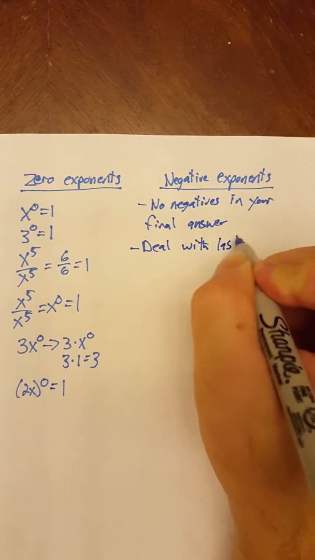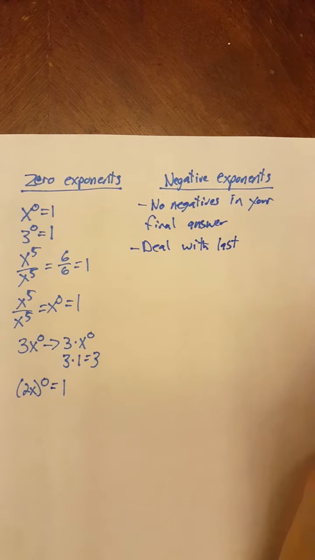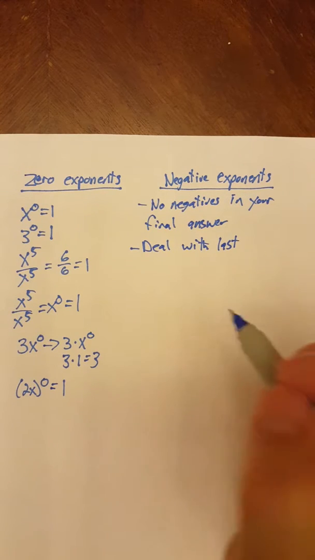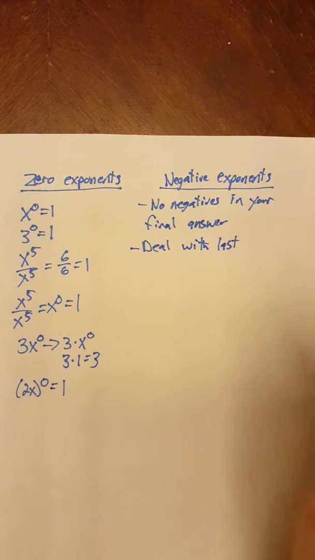A lot of times when you multiply or divide in a problem, you'll end up clearing out the negative exponents anyway and won't have to do anything with it. So if you deal with them first, a lot of times you'll get back a negative exponent and have to get rid of it, and that's just a lot of extra work. So if you worry about them in your final answer and just get rid of them at that point, it'll save you a lot of time.